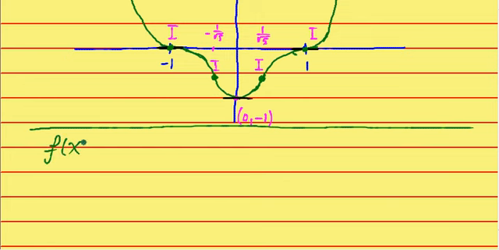F of x, or it's called b of x, but let's just go ahead and call it 3x to the power of 2/3 minus x. What's going to be hard here? The fact that this exponent is not a whole number is going to create a bit of a problem.